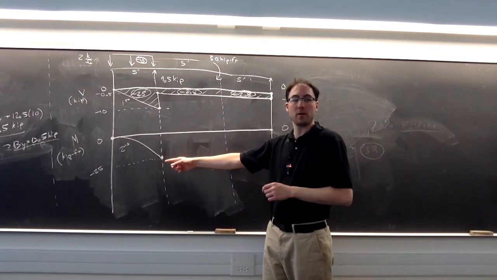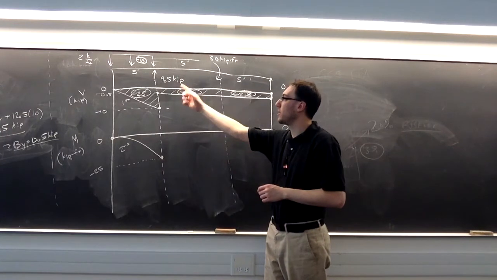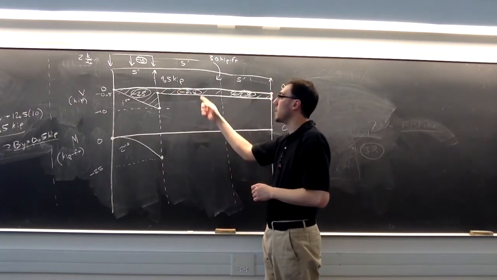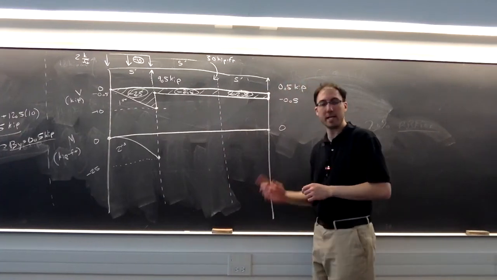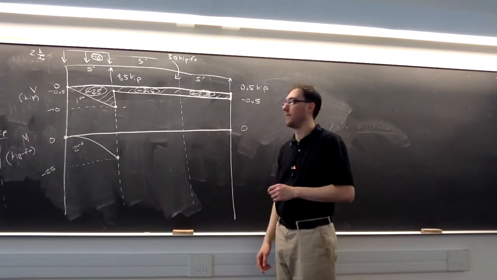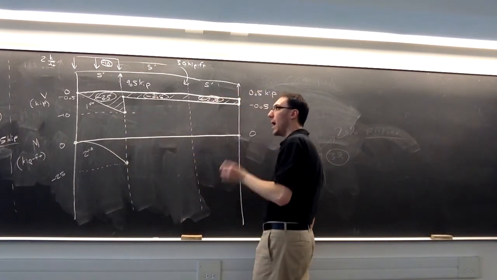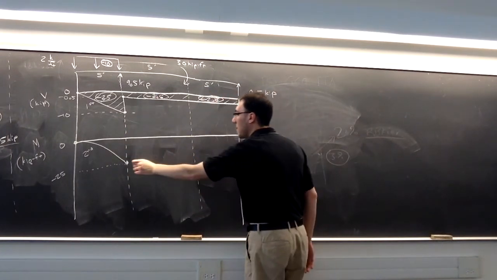I'm on this critical line. I have no point loads, so there's not going to be a jump in my M diagram. Between lines, I'm going to reduce by another 2.5. I'm at negative 25. I'm going to go down by 2.5 by the time I'm at the next line.